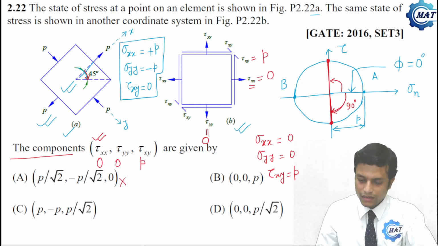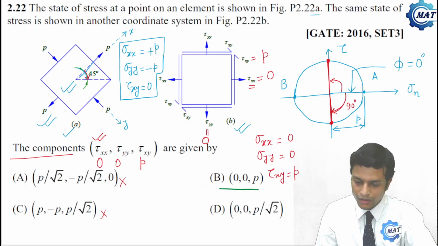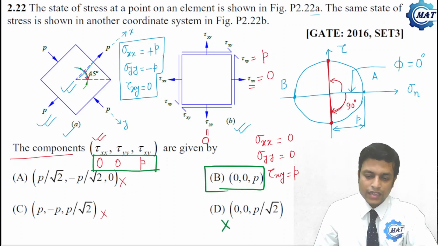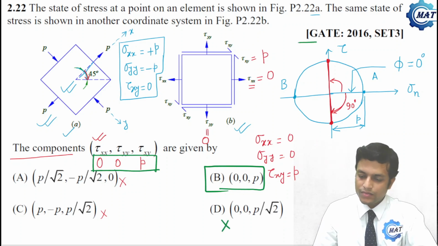This is not correct, this is also not, and this is also not. Sorry, I am extremely sorry. Option B is correct because the components are 0, 0, p, as we determined, and the other is incorrect. So this is the answer to the problem, and this is from GATE 2016. Thank you.